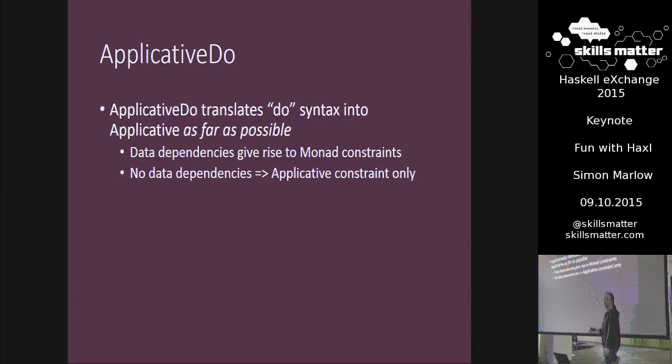So you can write do syntax and get something with an applicative constraint only. You can now use do syntax with your applicatives. In our case, the monad is a monad as well as applicative. So we get to take advantage of applicative when we can, but then fall back to monad when we have to.